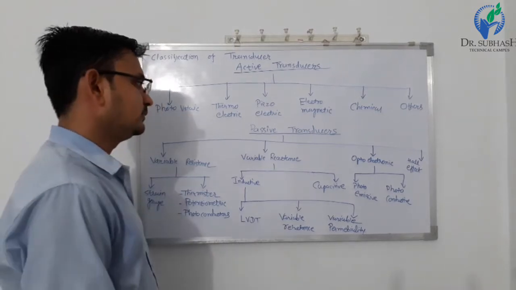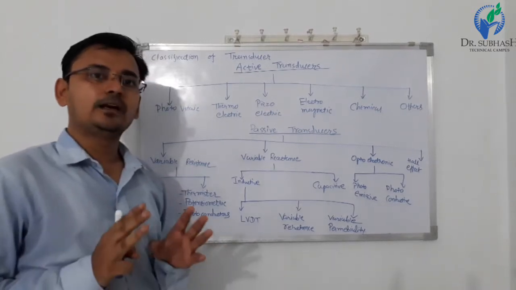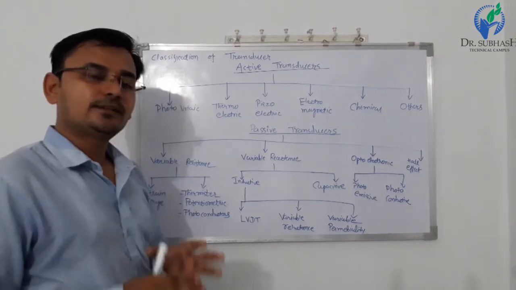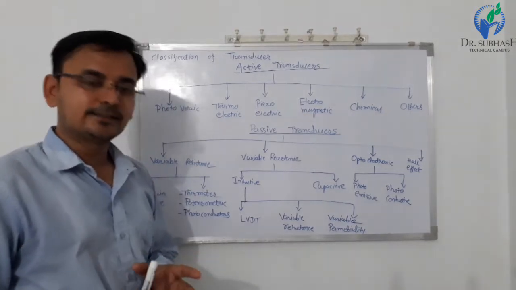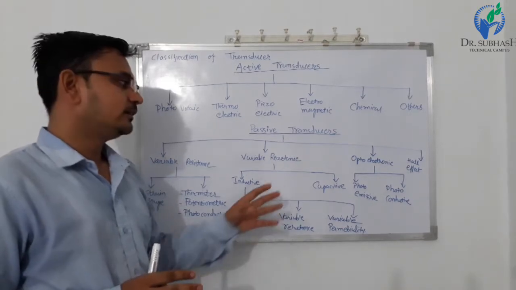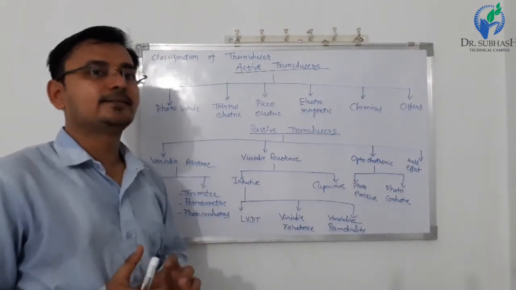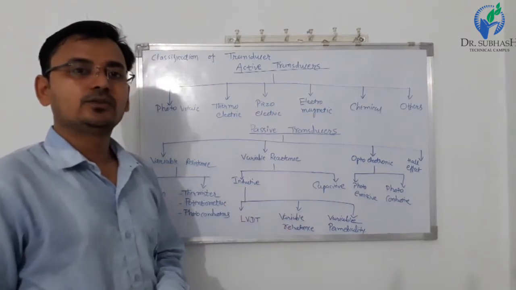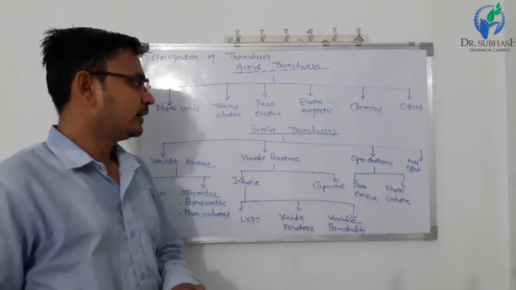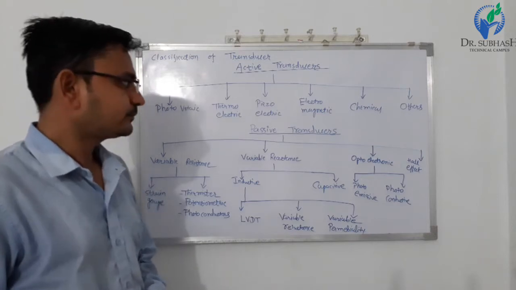In a parallel plate capacitor, the capacitance is based on the distance between the parallel plates, the type of plates, and the area of plates. So using this we can build a capacitive transducer.